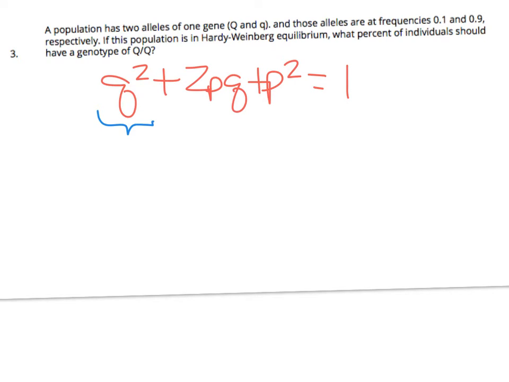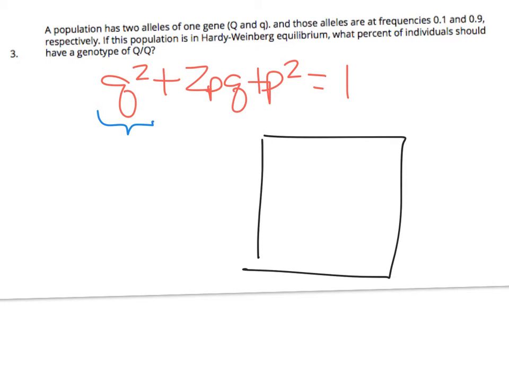So what does a Punnett square for this problem look like? If you've got allele frequencies of 0.1 and 0.9, what percentage of the gametes are going to carry big Q? 10%, 0.1. Right, so that's this part right here.